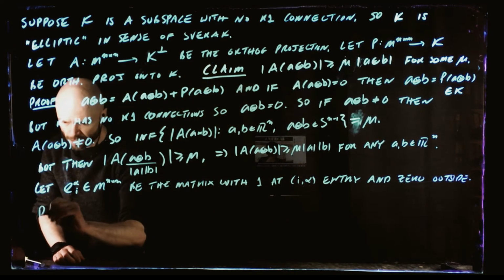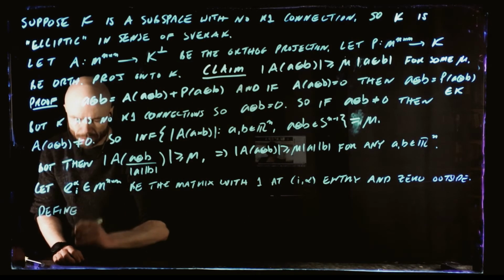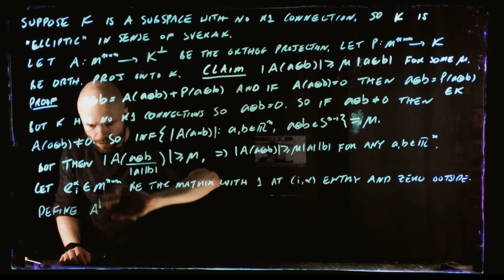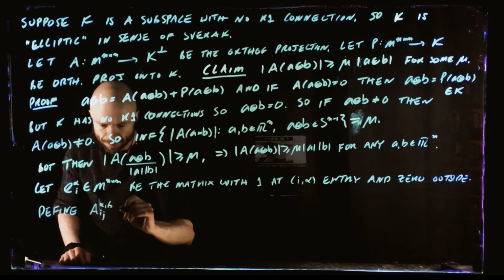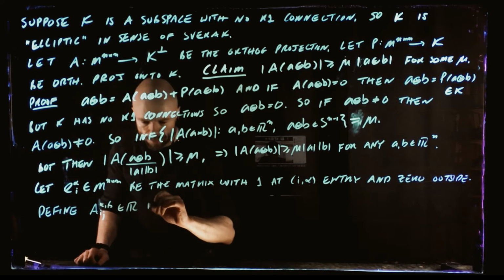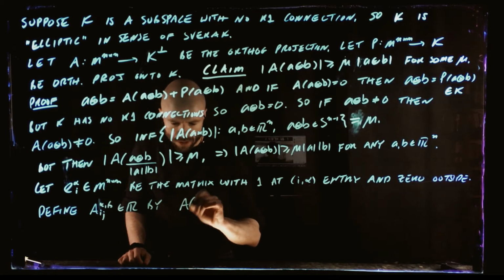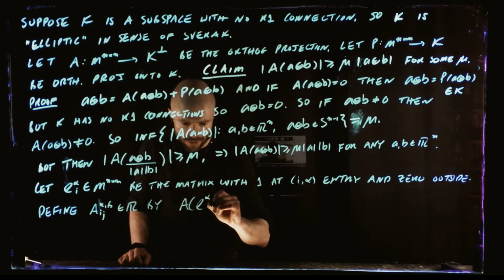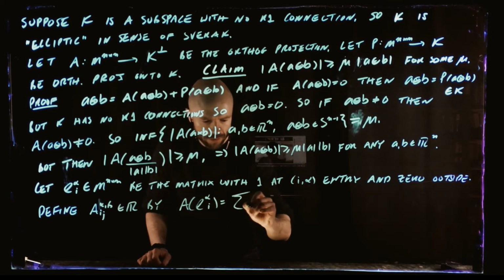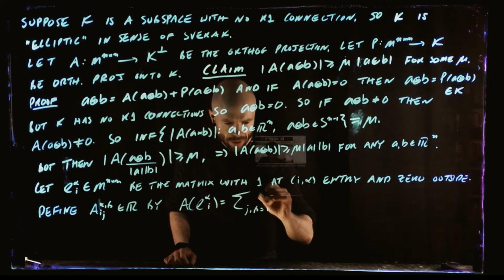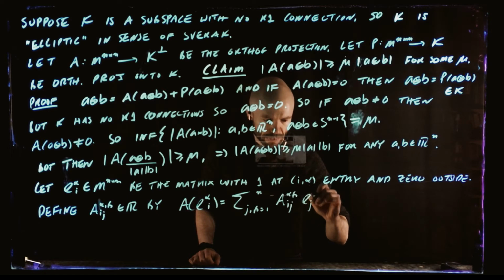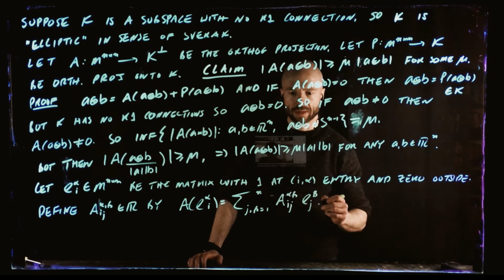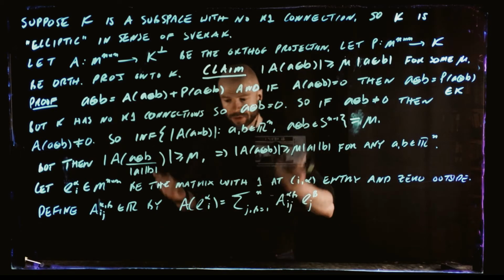So define a ij alpha beta in R by A acting on this E alpha I is the sum over j and beta from 1 up to n of a I j alpha beta times E j beta, like this. That defines our linear mapping.